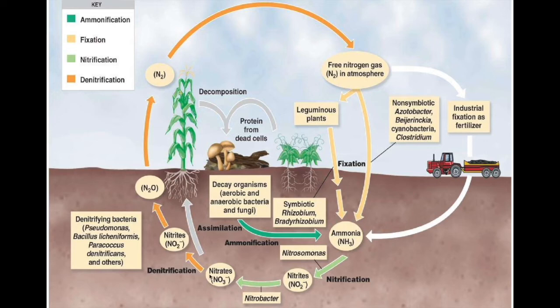And after that, we have the so-called denitrification. Denitrification: if there are a lot more nitrates available in the soil which are not being absorbed by the plants, these nitrates will be converted into nitrites once again, and eventually will be converted into nitrogen oxide.